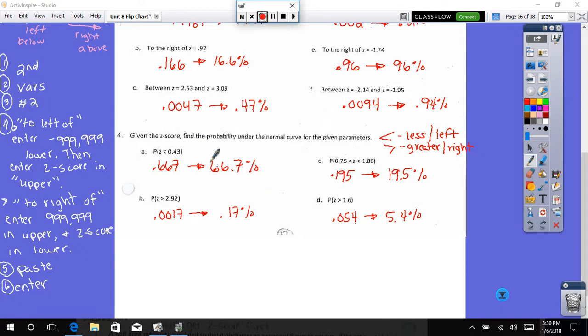Let's actually go back and list what we put for just a couple of these. For this one, we wanted everything less than that, so our lower was the negative big number, and our upper was the 0.43. For this one, our lower was our z-score, and our upper was our big number.